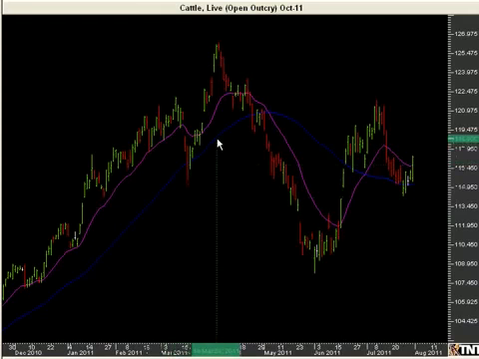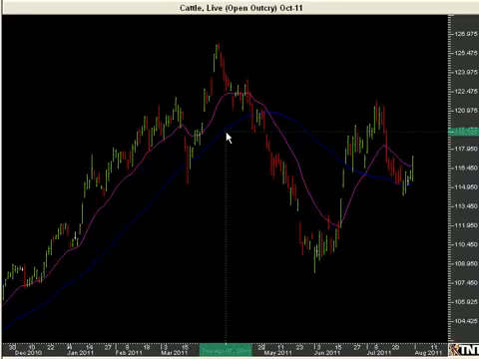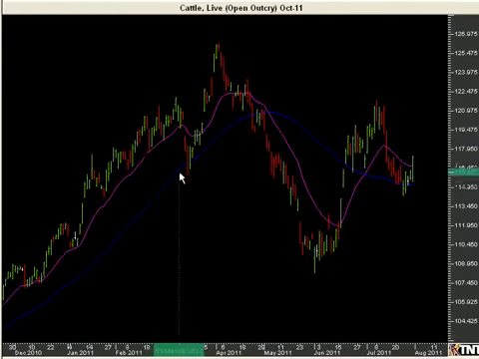Now, as a rule of thumb, if the market is above the 55, then we're primarily looking for buying opportunities. If it is below the 55, then we are primarily looking for selling opportunities. When we are above the market, we want to buy support, and when we are below the market, we want to sell resistance.